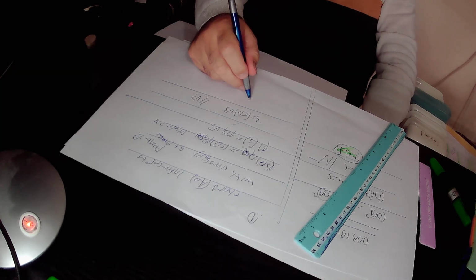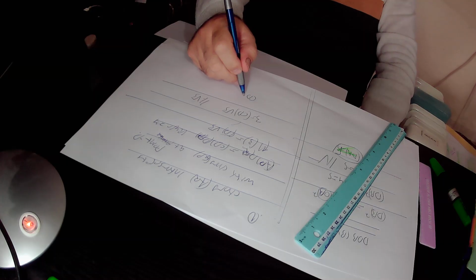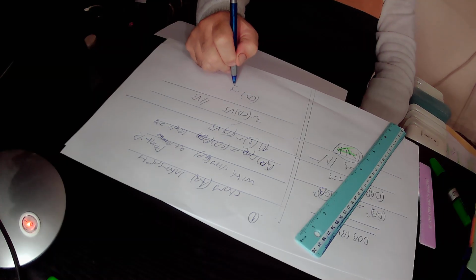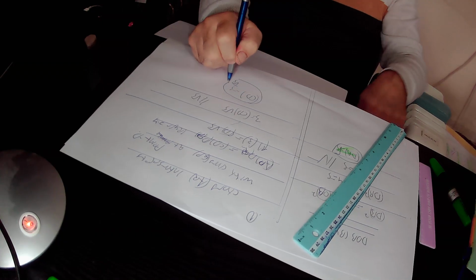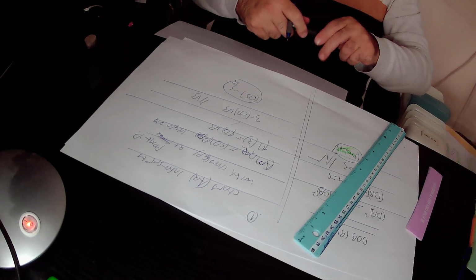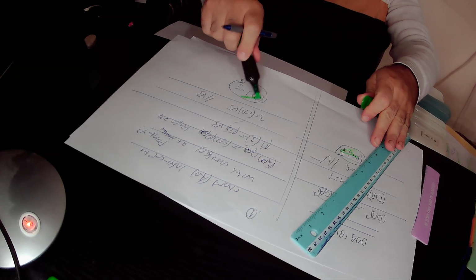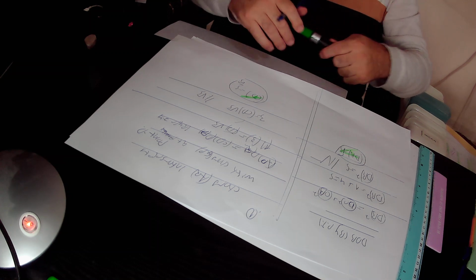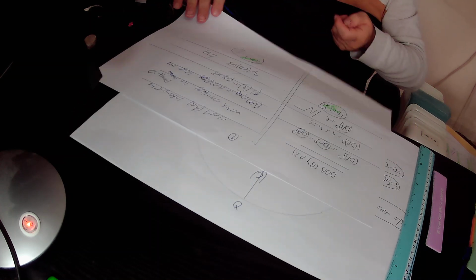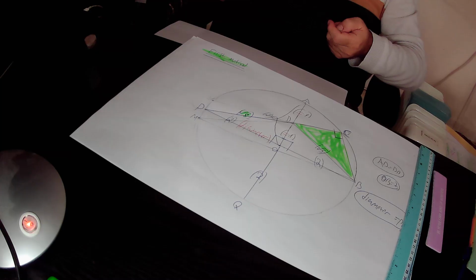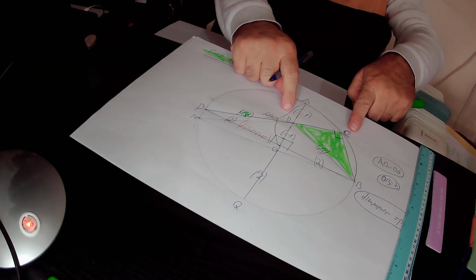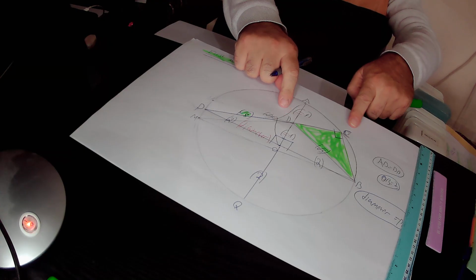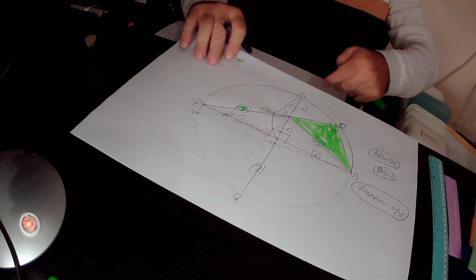And finally we get that the missing side CD is equal to 3 over the square root of 5 units in its length. So this is the missing side CD, equal to 3 over the square root of 5 units in its length.